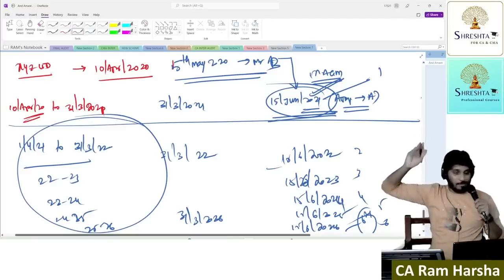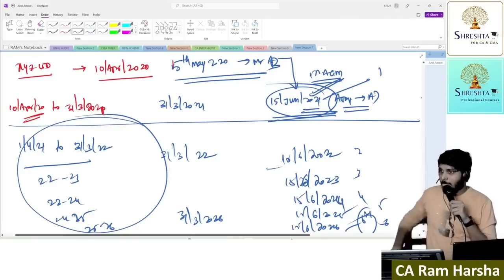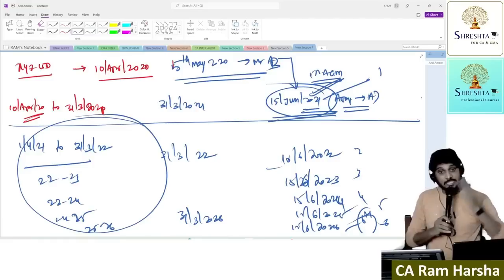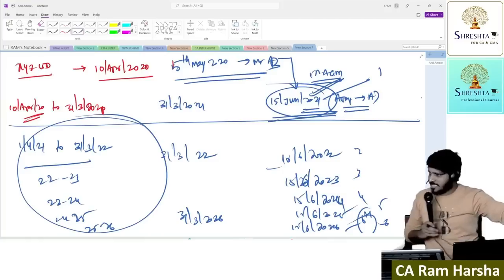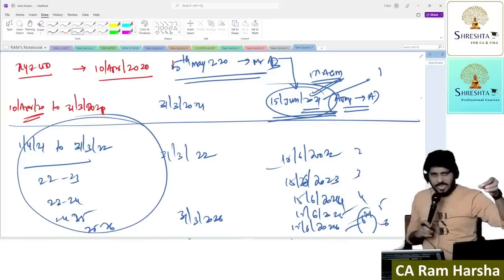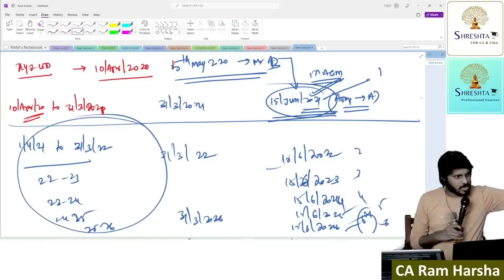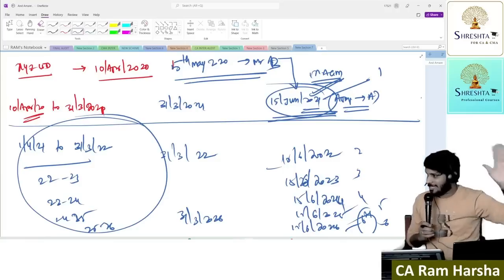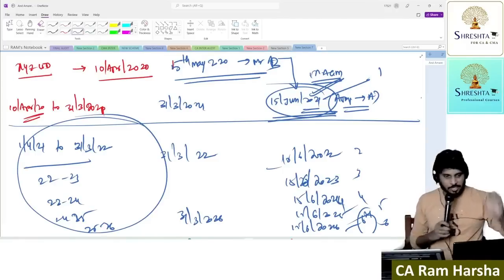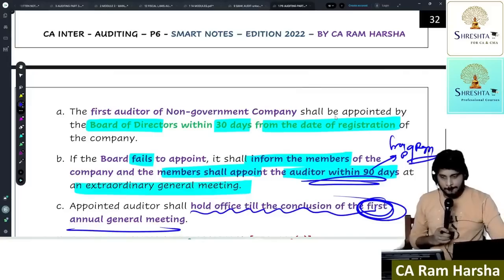Or our first AGM was conducted in September and the 6th AGM was conducted in June. The gap is less than 5 years. So the auditor may be appointed for a duration of more than 5 years or less than 5 years, but he will do audit of 5 financial years. That's it. Conceptually you should understand all this.